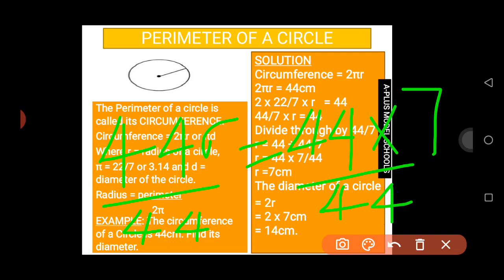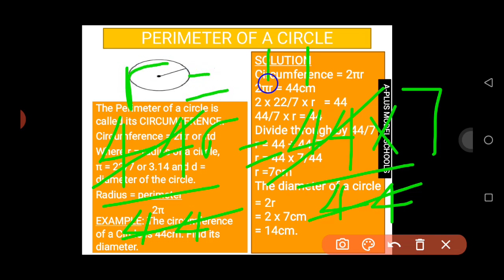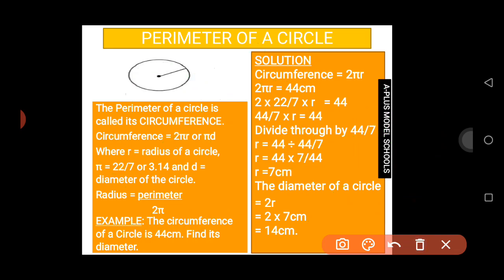So 44 here cancels 44, and what I'm left with is r. It means 44 here also cancels 44, and what I'm left with here is 1, which is 7. So I have r is equal to 1 times 7, which will give me 7. So the value of my r is 7.